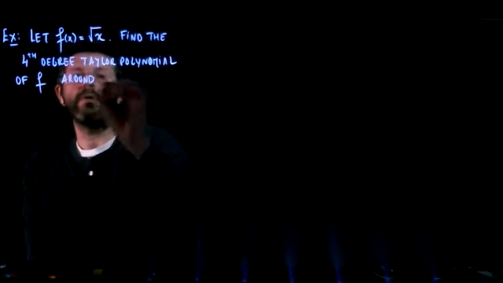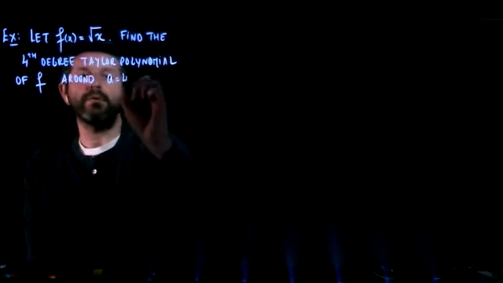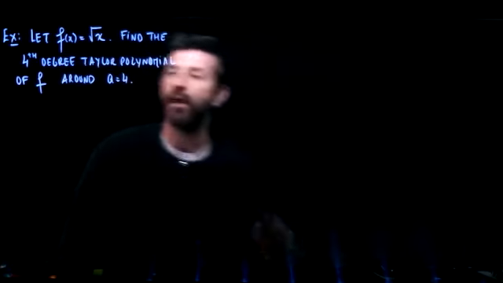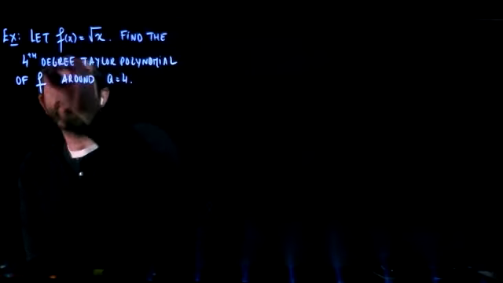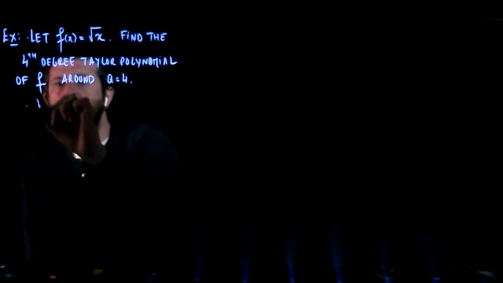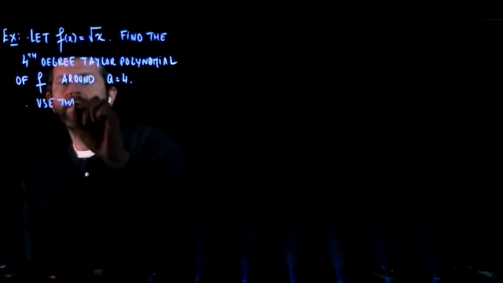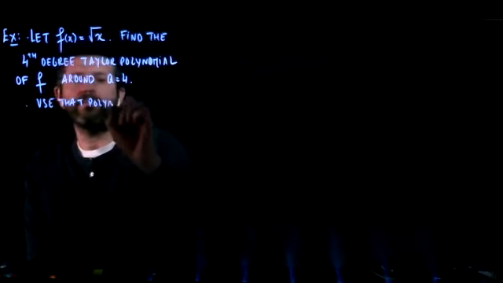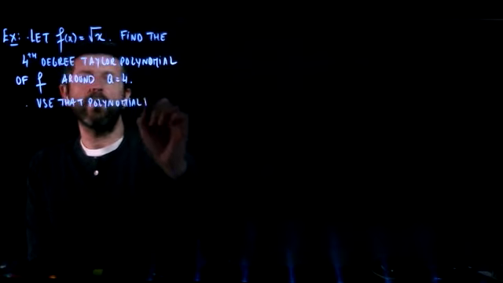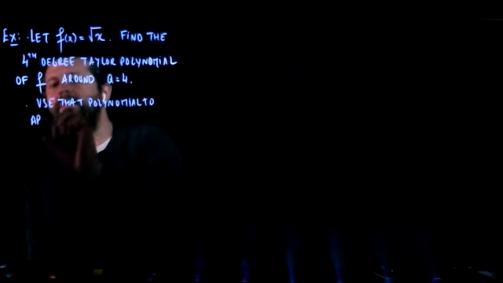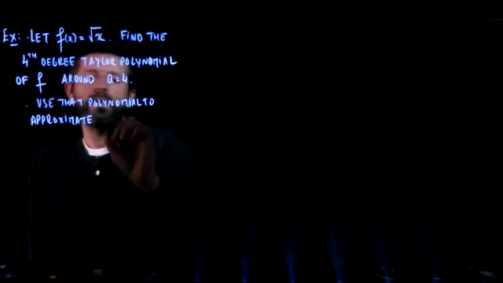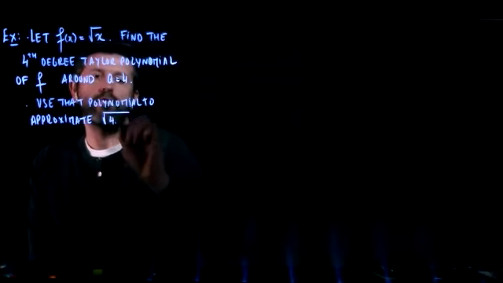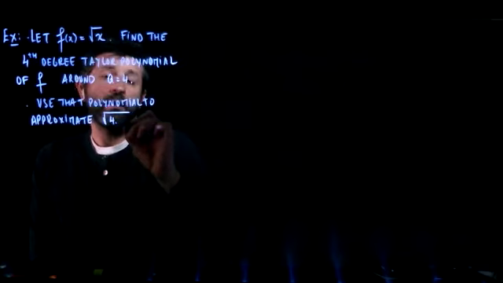I want to do around a equal to 4. So I'm giving you a. A is 4. That's the first question. Second question, use that polynomial to approximate the square root of 4.05.